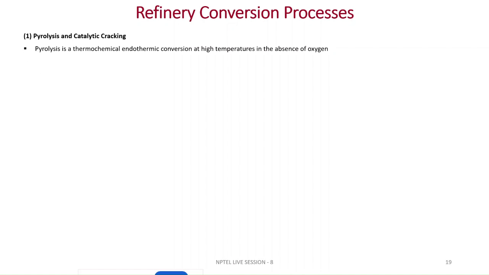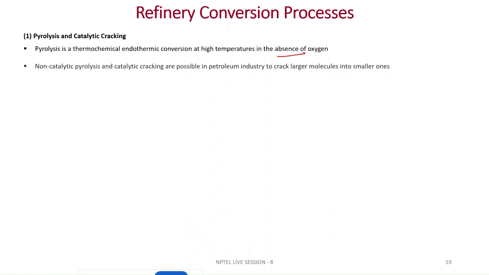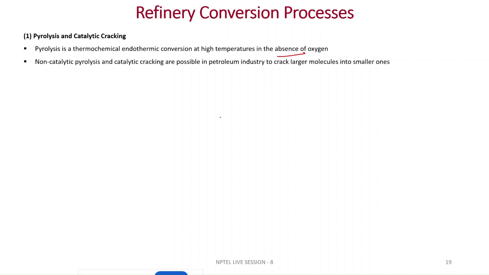Pyrolysis is a thermochemical endothermic conversion at high temperature in absence of air. So pyrolysis occurs in the absence of oxygen, and it is endothermic because it requires a lot of energy to convert to the pyrolysis product. Thermal cracking, non-catalytic pyrolysis, and catalytic cracking are possible in the petroleum industry to crack longer molecules into smaller ones.